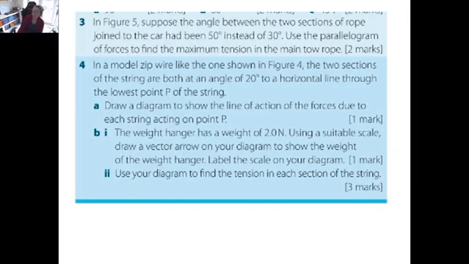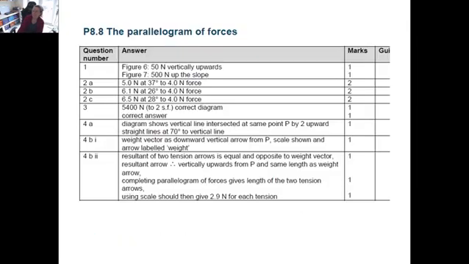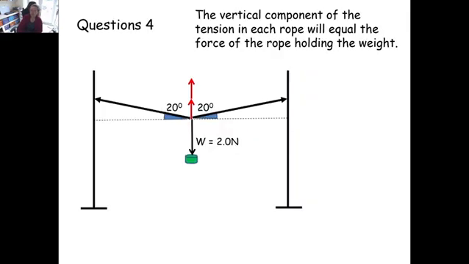Okay, so your answers are here for each of those questions. They should be fairly straightforward. The only one that might be a little bit tricky is number 4. So I've drawn that out. So it looks like this. Your vertical component of the tension will equal the force of the rope holding its weight.